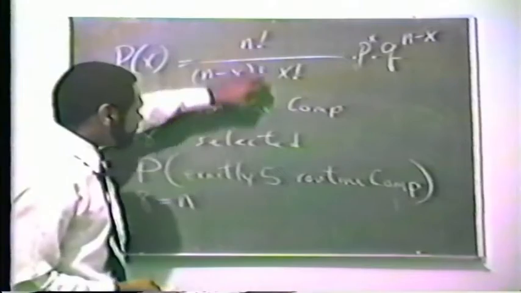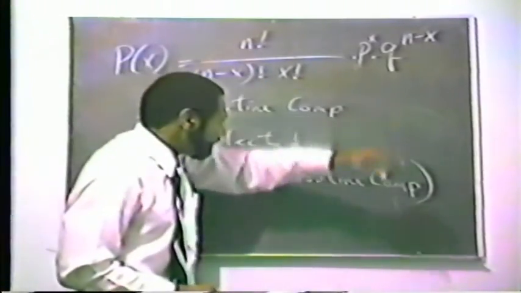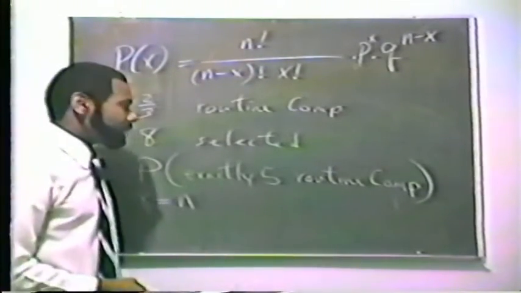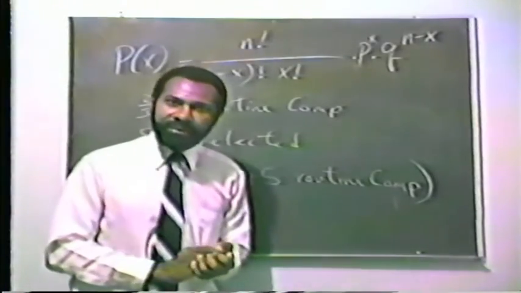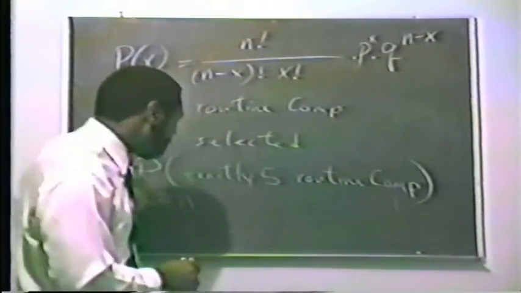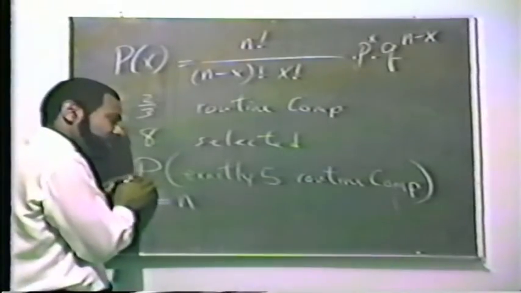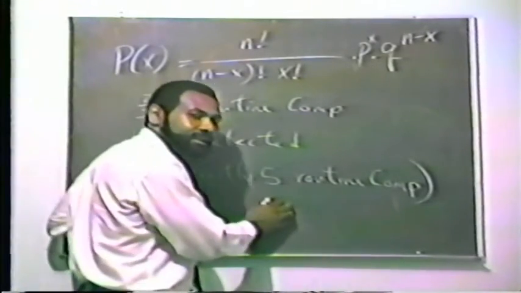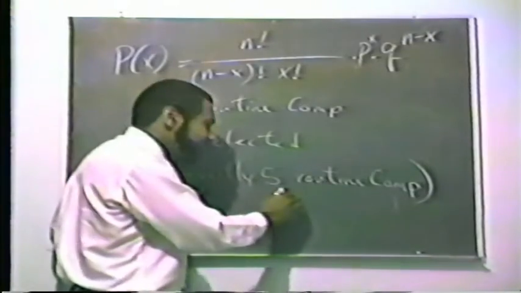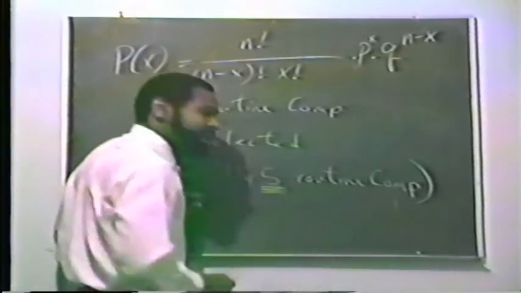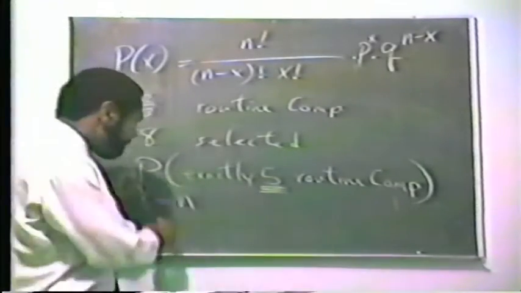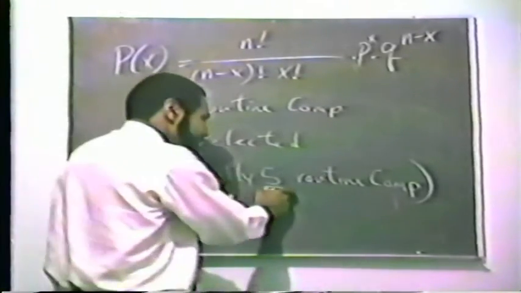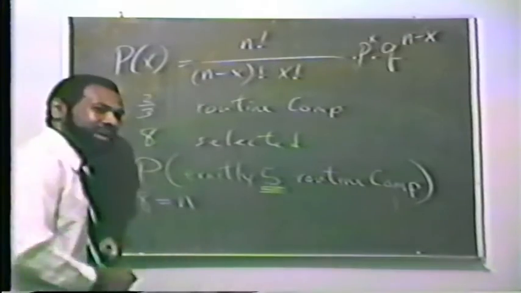So we know what N is. We need to know X, P, and Q. X, we said, represents the number of successes that you're trying to find the probability of. In this example, we're trying to find the probability of exactly what? Exactly 5 successes in 8 trials.